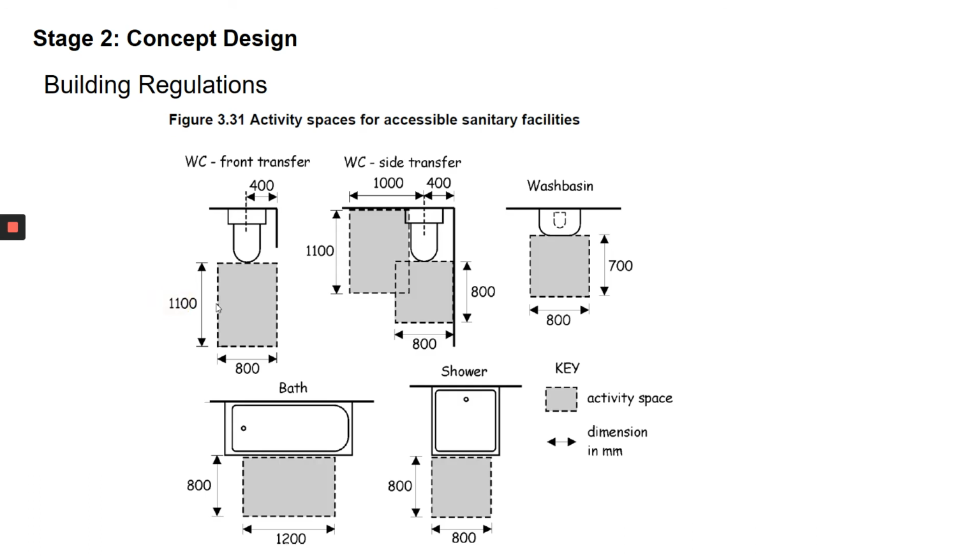Okay, so these are extracts taken from the building regulations, which you should look up yourself. Key points to consider are site analysis, inspiration, and then your design considerations, including activity spaces.